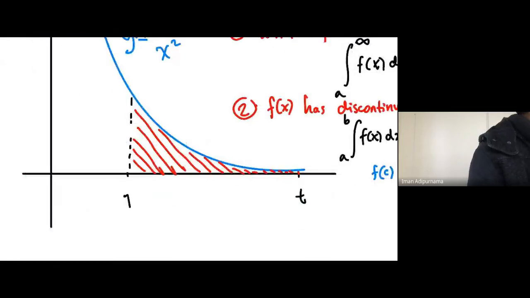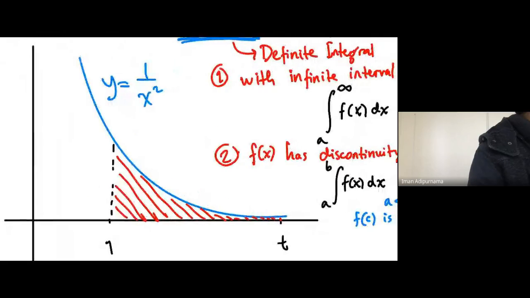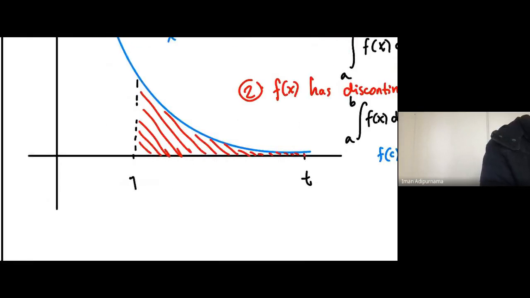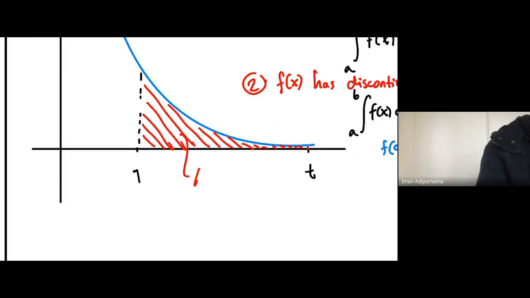But let's take a look at the graph. So if you see y equals 1 over x squared, it's going down, the blue color line, the curve. And if you see the area under the curve from 1 to some number t, let's just evaluate this area as A(t).